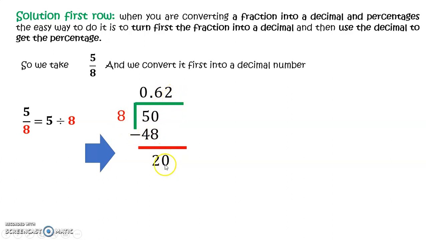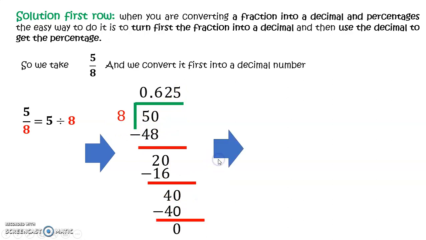So 8 times 2, that is 16, and we do a subtraction. We get a 4. 8 doesn't go into 4, but we have the right to place a 0 here. So 8 goes 5 times into 40. Sorry, 8 times 5, that is 40. So we do the subtraction and we get 0, which means that 5/8 is equal to 0.625.